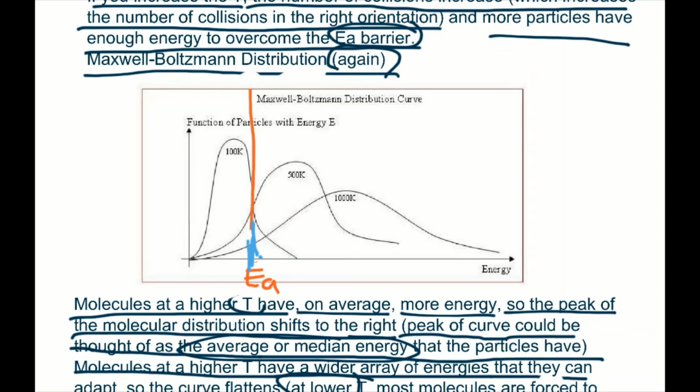So what about at a higher temperature, such as 500 Kelvin? Well, notice how now more particles are at the region that passes this activation energy barrier, and all these particles, so I'll shade the area as the particles, all these particles have enough energy to overcome this activation energy and react.